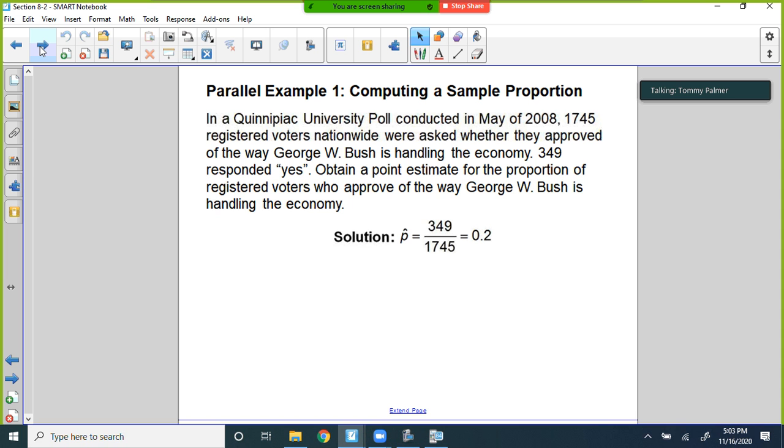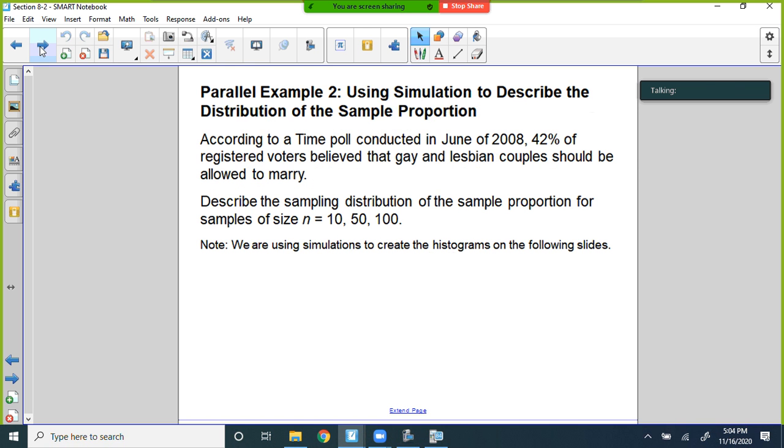Well, there's 349 of them that approved out of how many? 1,745, right? So that would be the sample proportion, p hat, 0.2. Okay. All right. Any questions on that? Okay.